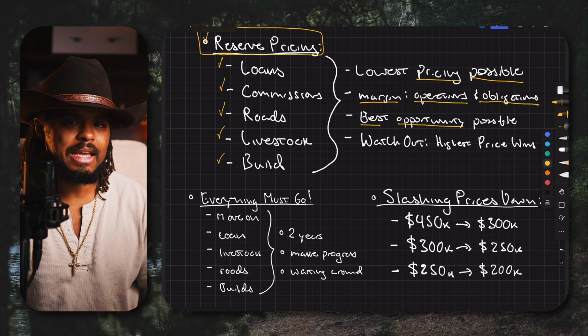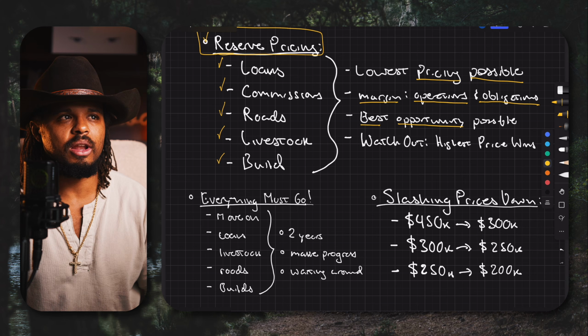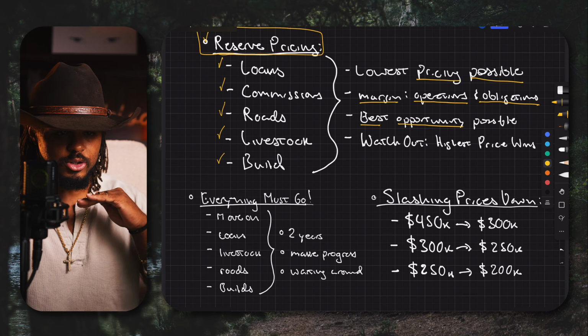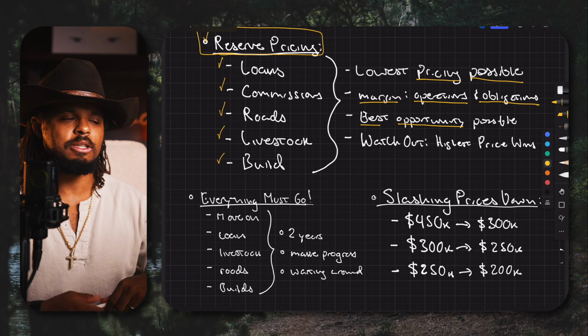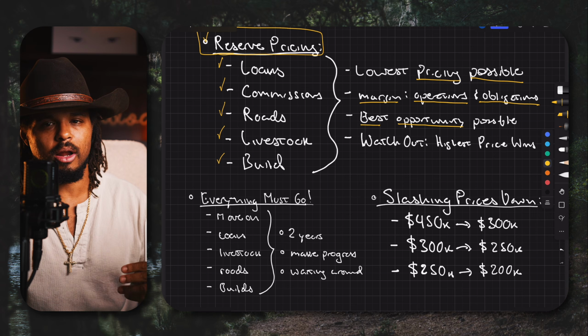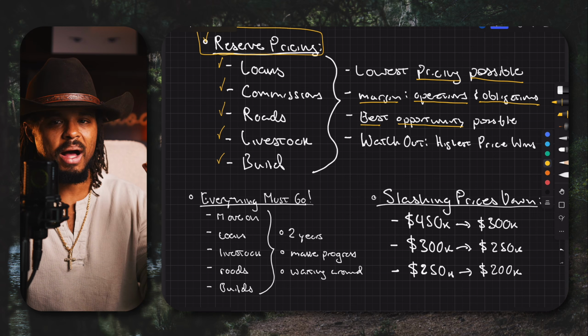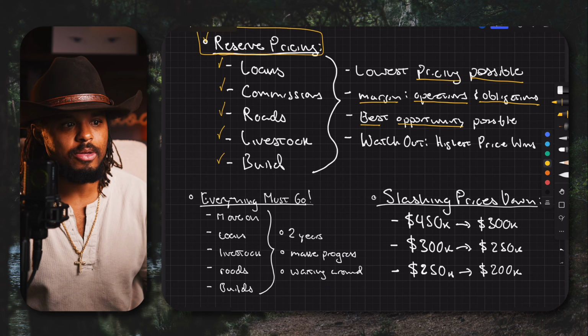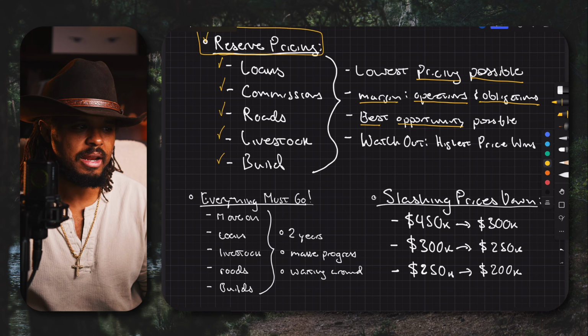It would be that same idea, but with an auction for land over at Panoplia, where you have a reserve price. It's the lowest price possible. You know people are going to bid on it. And if someone wants to hit buy now, they can, and they can just click the buy now at the price that we've already previously set it at.